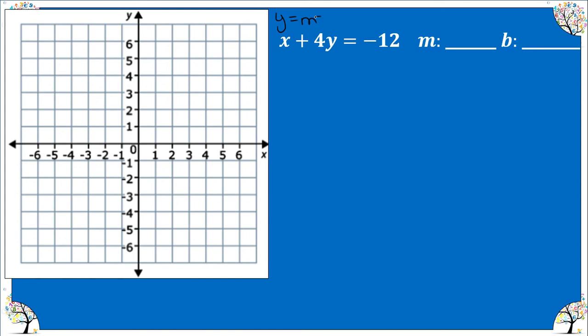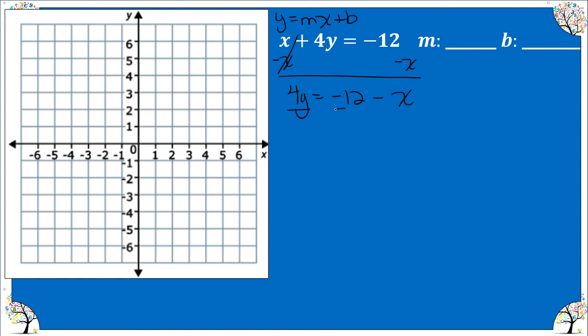I always like to write the y equals mx plus b for myself. Okay, so we're isolating y. Before we undo 4 times, we have to get rid of this 1x. So I'm going to subtract the 1x from both sides. I'm going to bring down positive 4y equals -12 minus 1x.